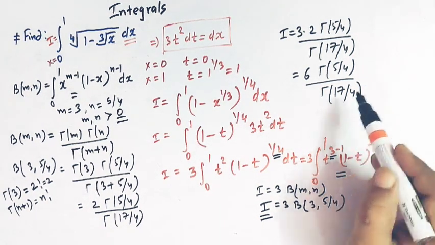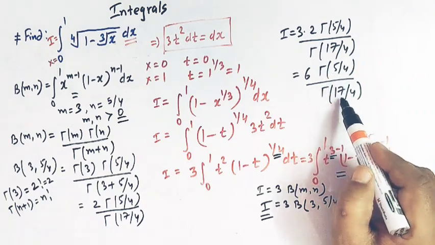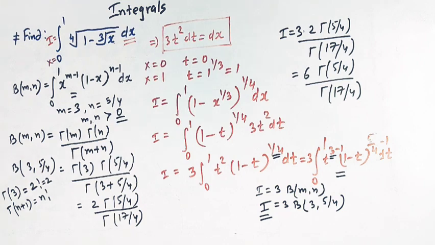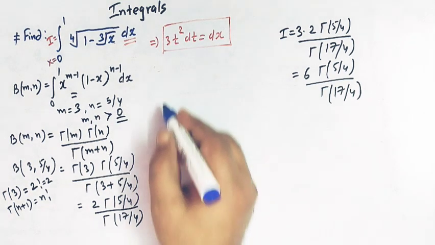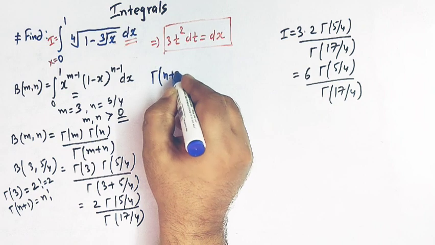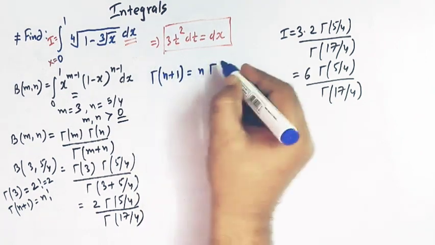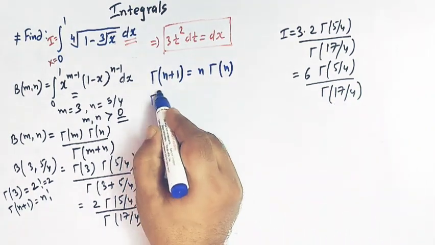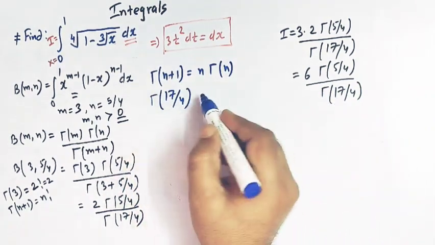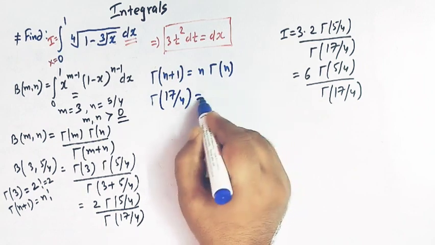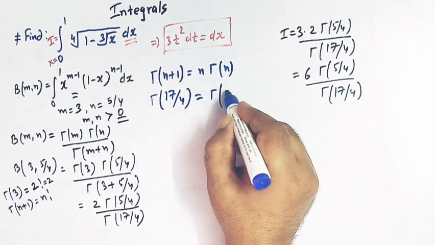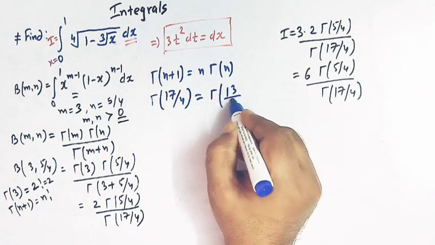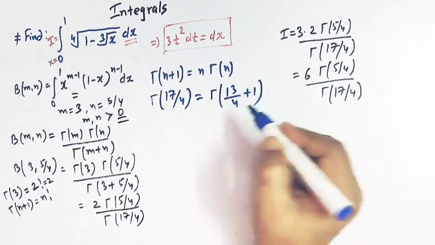So now we'll simplify this expression, right, using another important result from gamma function. Now viewers, we know that gamma(n plus 1) is equal to n times gamma(n), right? So here we have gamma(17/4), which can be written as gamma of 13/4 plus 1, right?